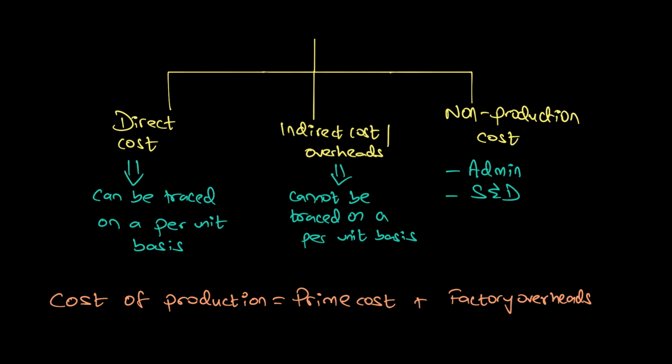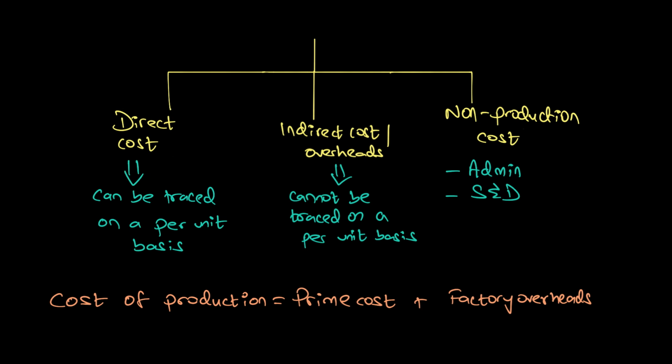Direct cost is a cost that can be traced on a per unit basis. If you can figure out how much it would cost on one single unit, that would be your direct cost. Examples were raw material. You would know the amount of material required per unit, the amount of labor hours incurred on one unit. That would fall under direct cost.